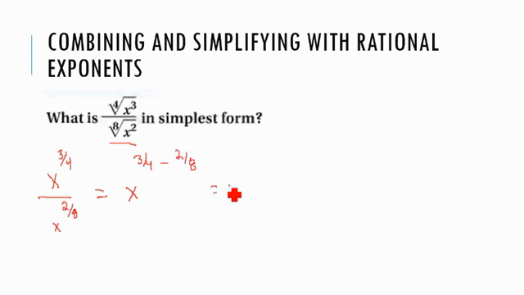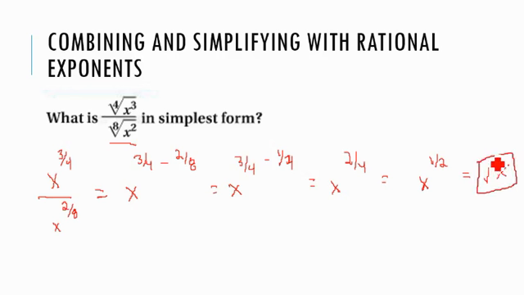Now to make this a little easier, I can simplify 2/8 to 1/4, so x to the 3/4 minus 1/4 equals x to the 2/4, and that simplifies to x to the 1/2. And now I can rewrite that in radical form, and my simplified answer is the square root of x.